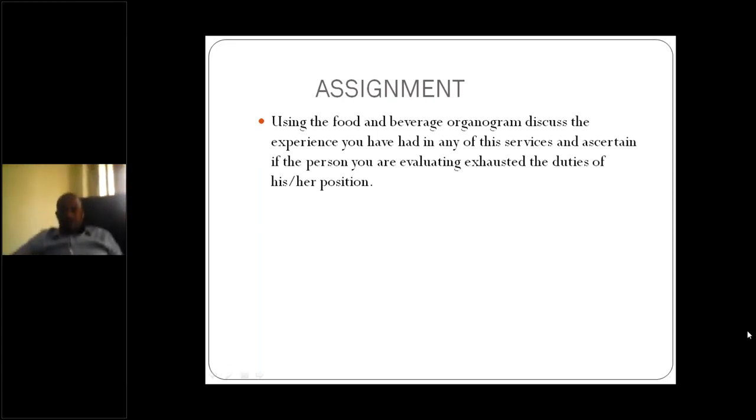Sorry, I can't see it. So ensure you check the chat. Have you seen the chat? It's only the assignment that's showing. You are not seeing the chat? On the system you are using, there's a chat point. Are you using phone or laptop? I'm using phone. Check, there's a place for chat.